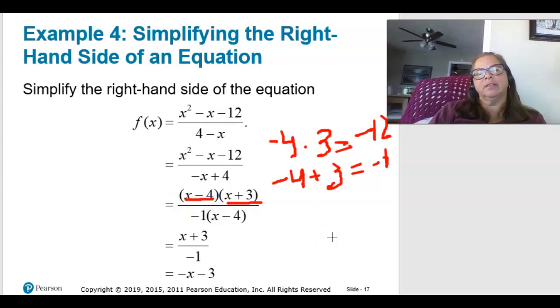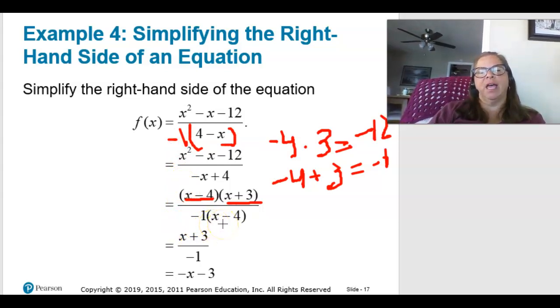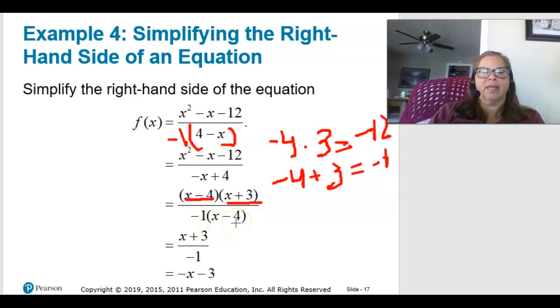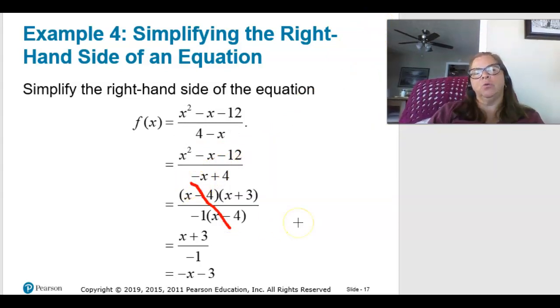Now looking at the denominator 4 minus x, we have to start to recognize that if we were to multiply 4 minus x by a negative 1, we get negative 1, and the inside turns out to be x minus 4. That little trick allows you then to be able to cancel these two because they equal 1.